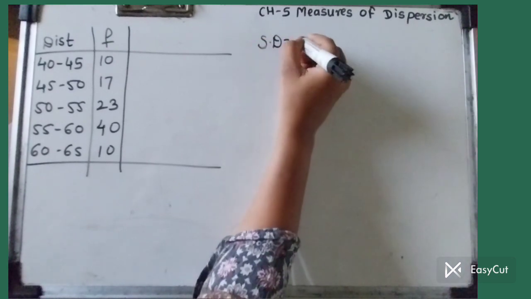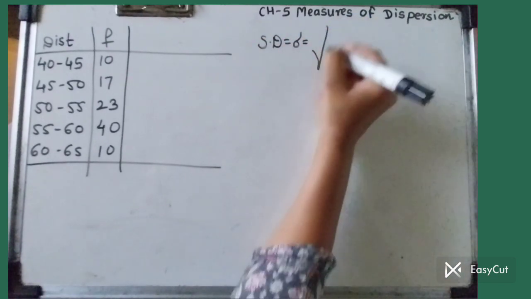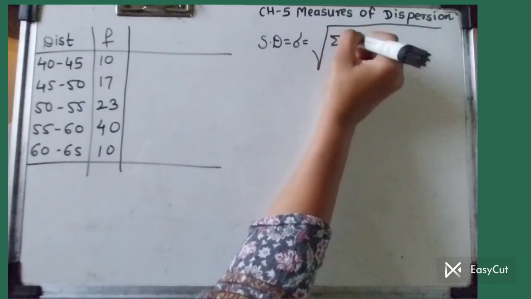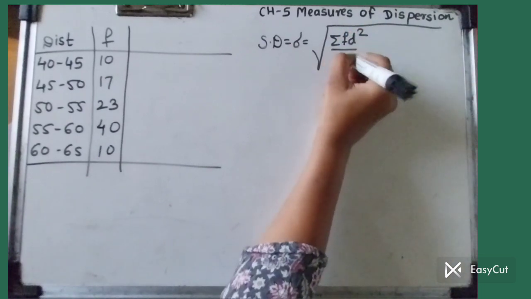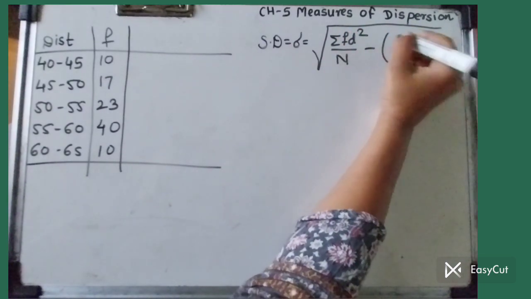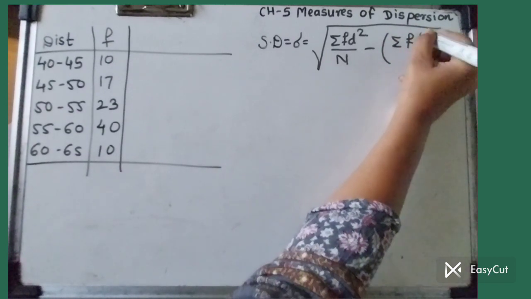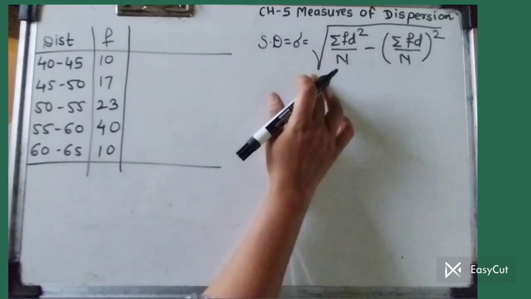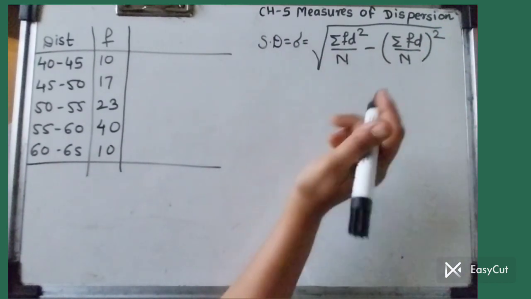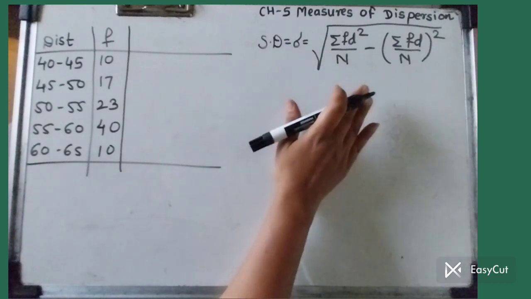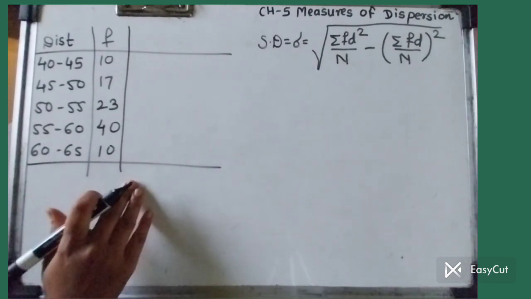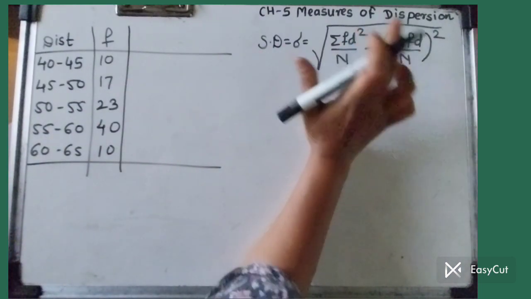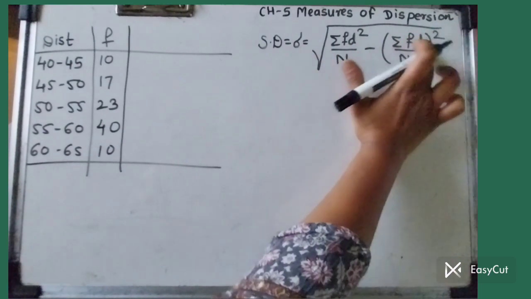Sigma equals the square root of summation FD square upon n minus summation FD upon n bracket square. This is the deviation method. Now see in the formula what we require, and prepare the table. We require FD square and summation FD.